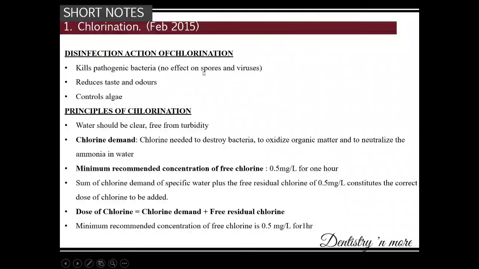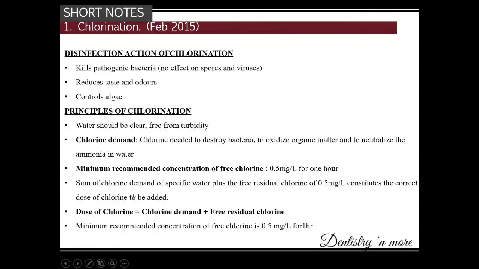Sometimes the question will be on the principles of chlorination. Water should be clear, free from turbidity. Chlorine demand is the amount required to destroy the bacteria, oxidize organic matter, and neutralize the ammonia. Always, this is a thumb rule: 0.5 milligram per liter for 1 hour is required for water.